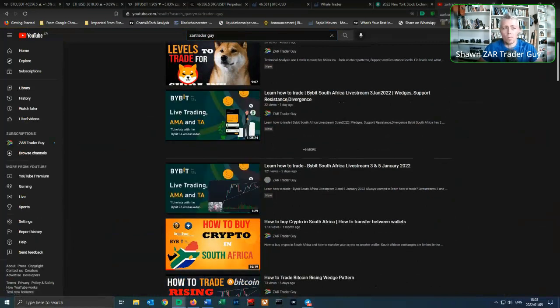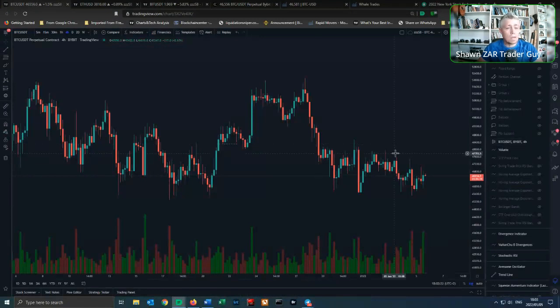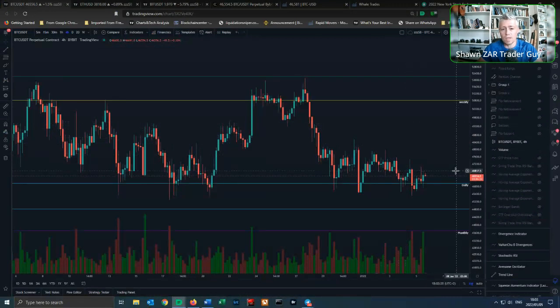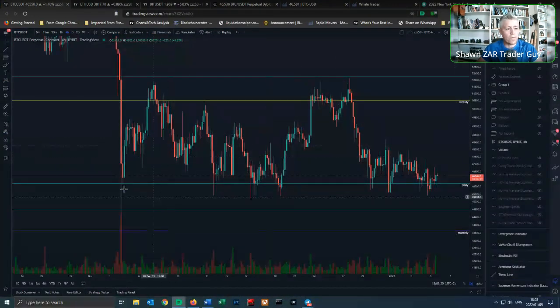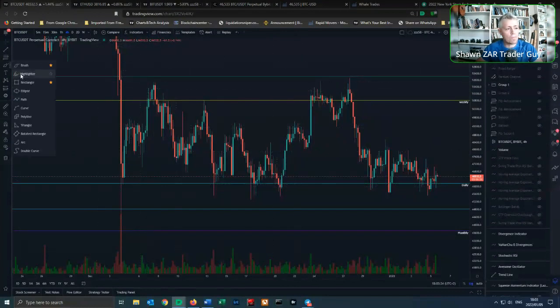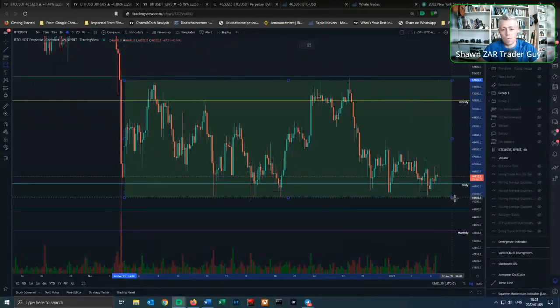Right, let's move on. BTC, we were looking at, let me just turn on my support and resistance levels. We can see from the 4th of December, we've been trading in this range here. And if I turn on my rectangle tool, we can draw support and resistance all the way there. So I've been trading in this range.